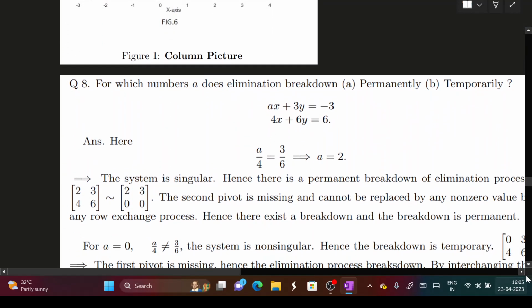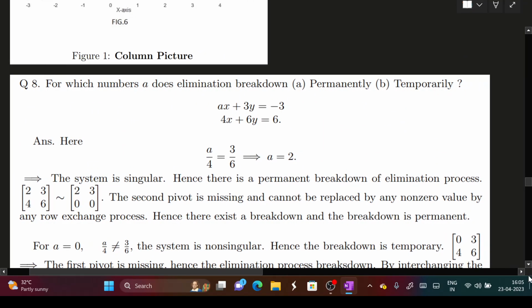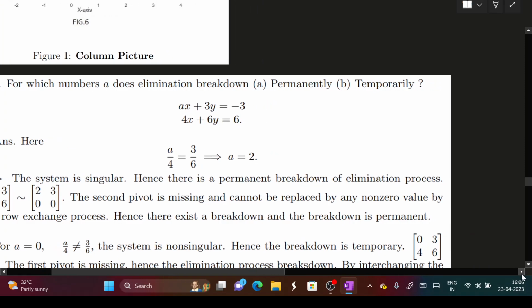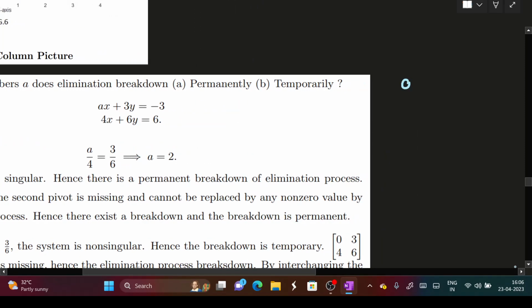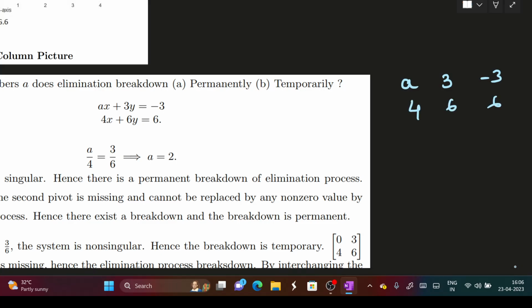So, next question is, for which number a does the elimination process break down permanently, or only temporarily? Now here observe the coefficient matrix. The coefficient matrix is a, 3, 4, 6.